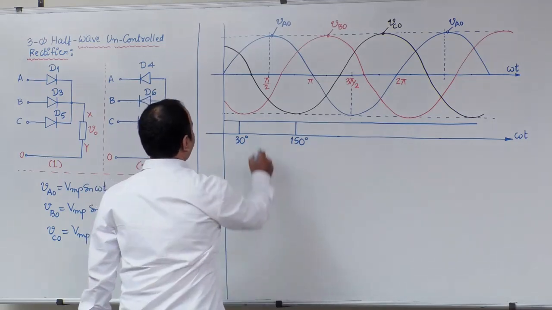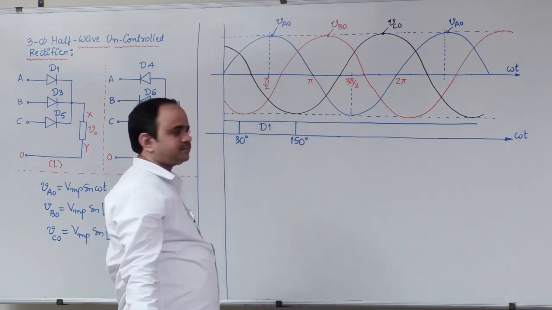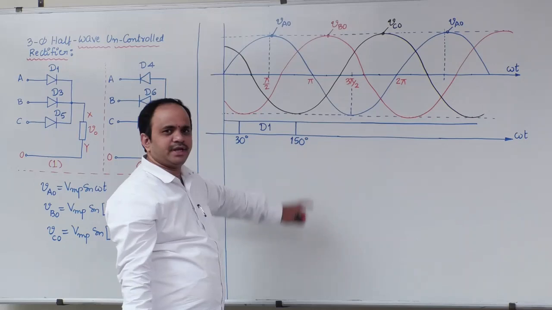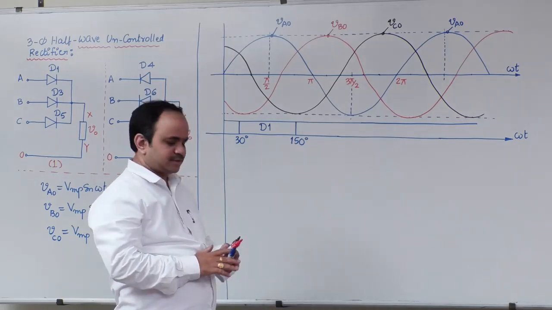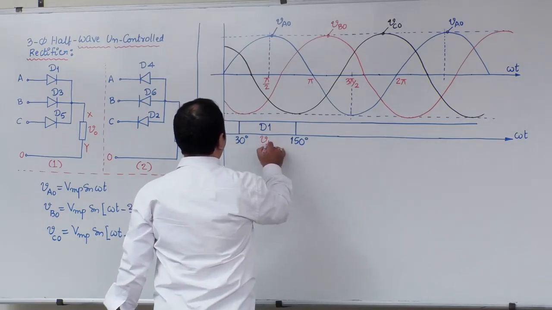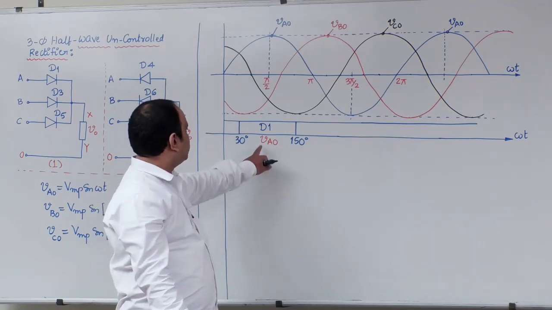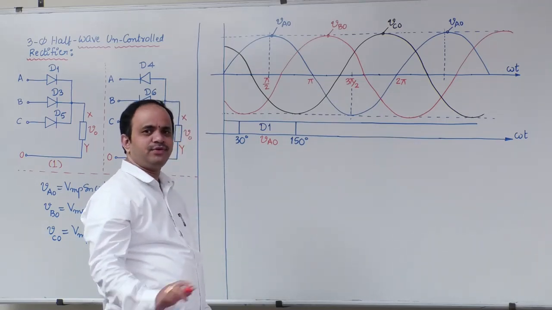Therefore, we can write here D1 will be in conduction from 30 to 150 degree. If D1 is in conduction, just now we told that output voltage will be the same as that of VAO.